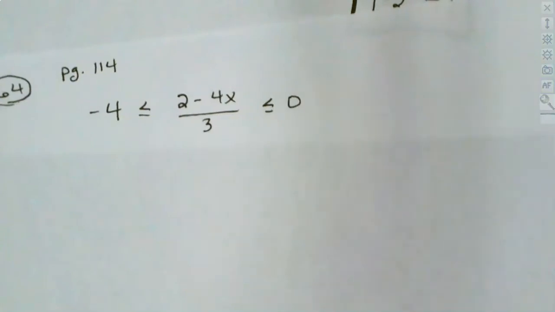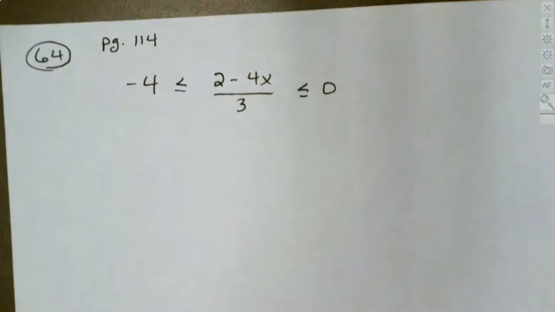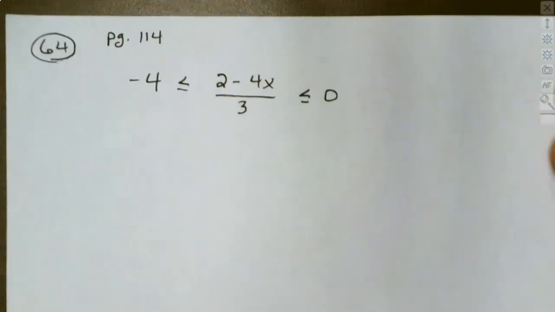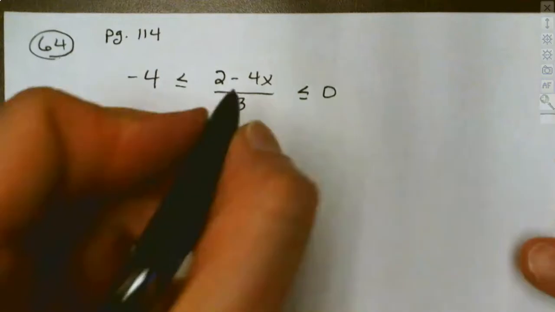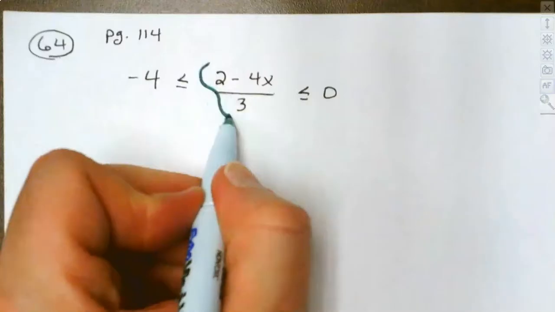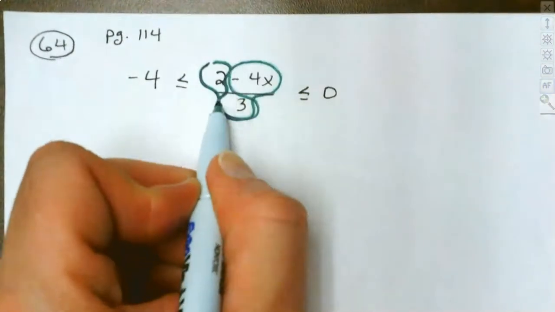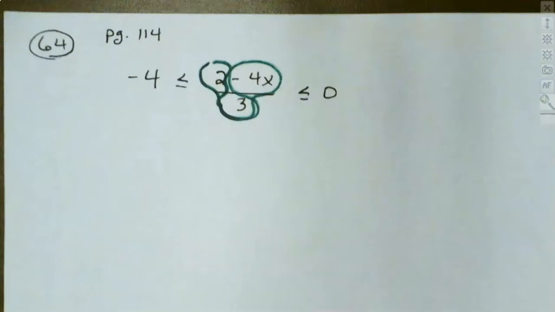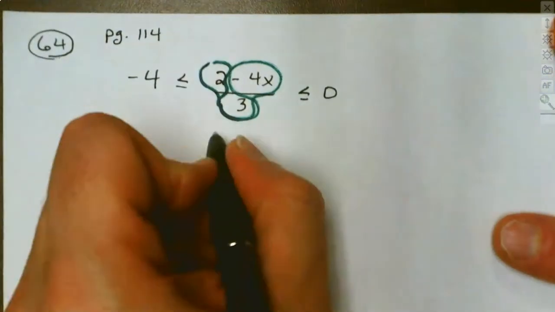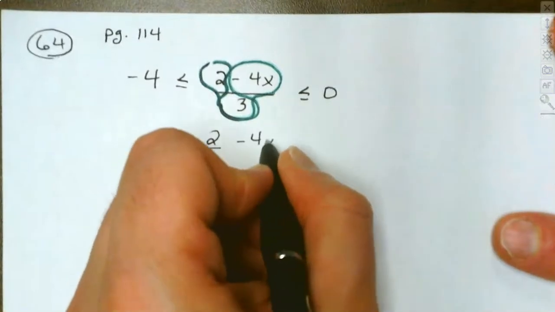And it does. Now, there are different ways of solving this. We do need to get rid of the fraction somehow. And the way I think is going to be the easiest, it might take you a little bit longer, is I want you to rewrite this fraction right here into two separate fractions. So let's take that middle fraction and rewrite this as 2 over 3 minus 4x over 3.